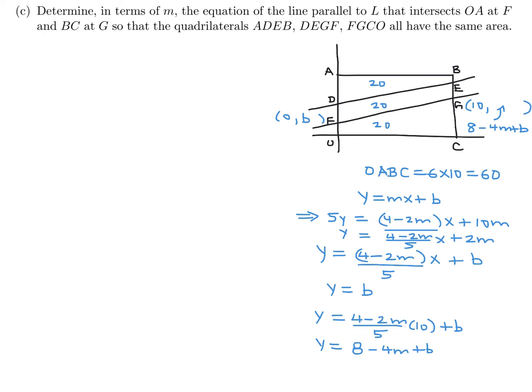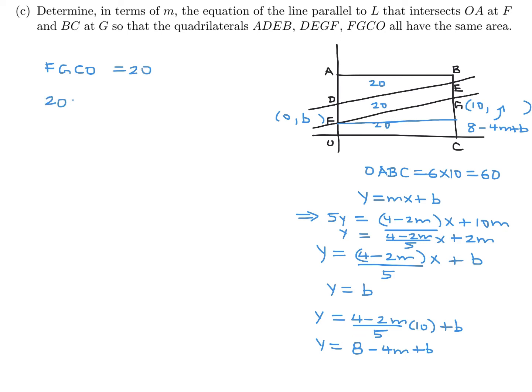Okay, so now all we have to do is figure out the actual value for b in terms of m. And we can do that with the formula for the area. The area of FGCO is 20.